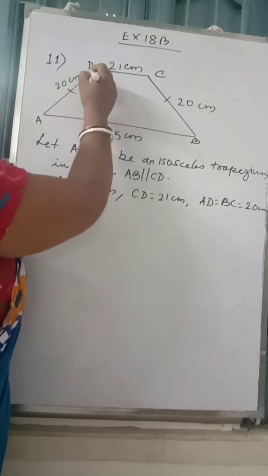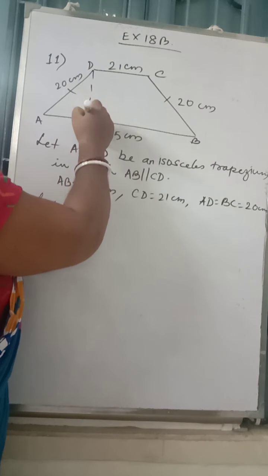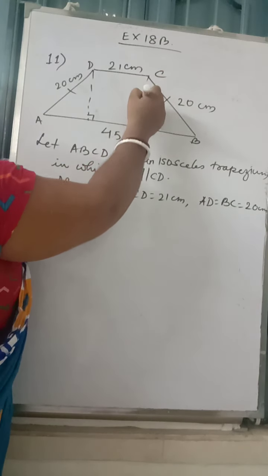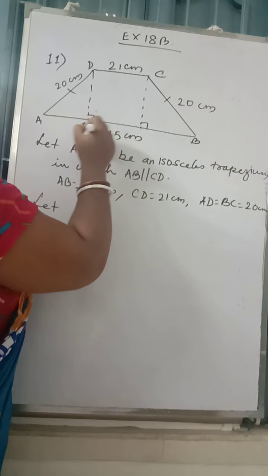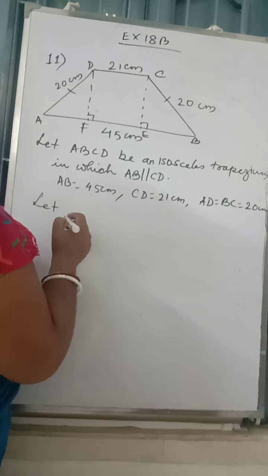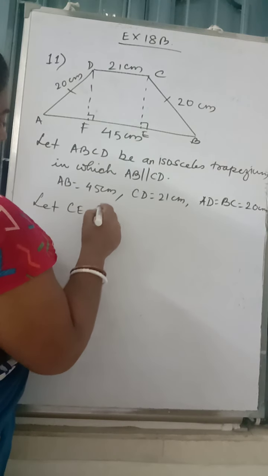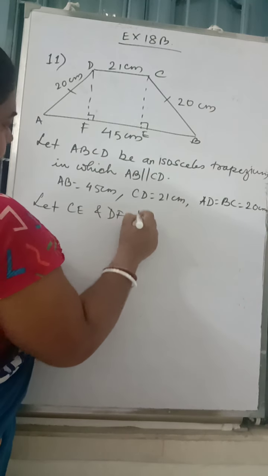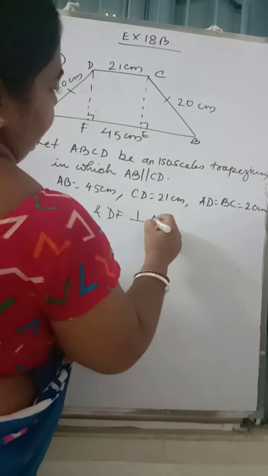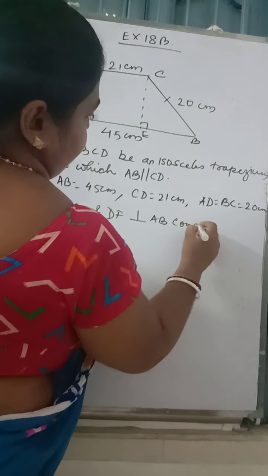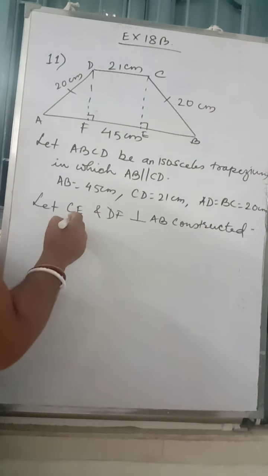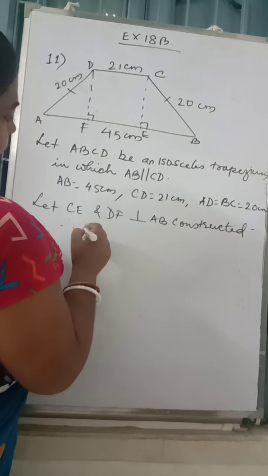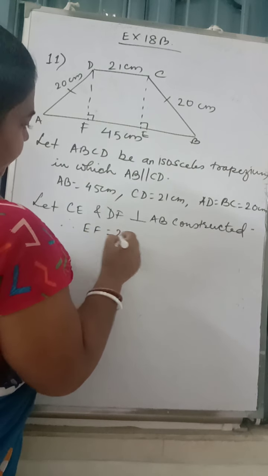Let DF and CE be perpendiculars to AB constructed. So EF would be 21 centimeter.